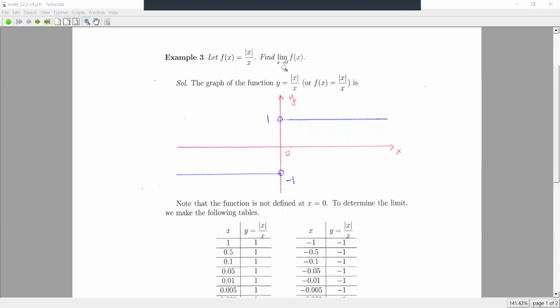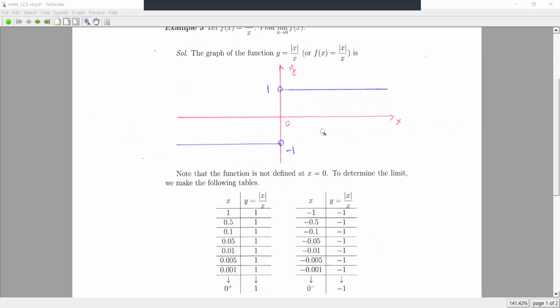By convention, no matter how x approaches 0, the function should approach the same number. Otherwise, we say that the limit doesn't exist. I cannot make infinitely many tables to determine the limit. Here, I only make two tables.